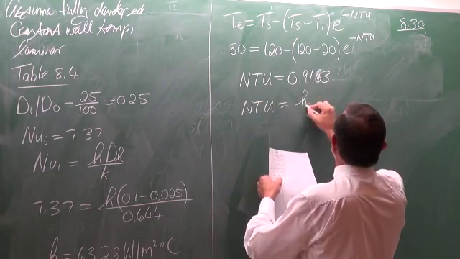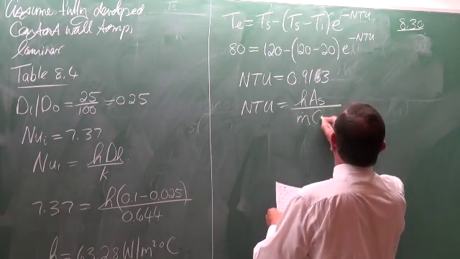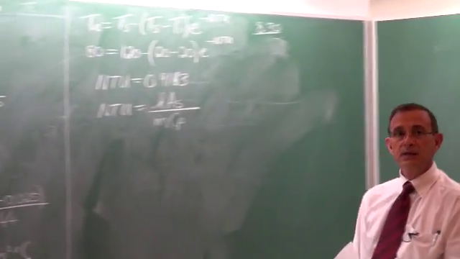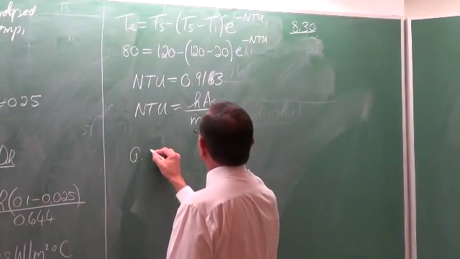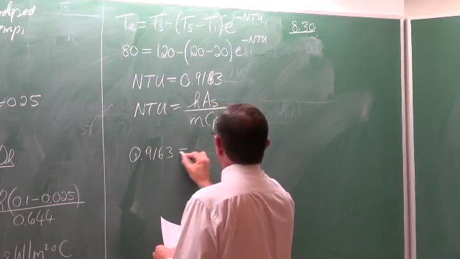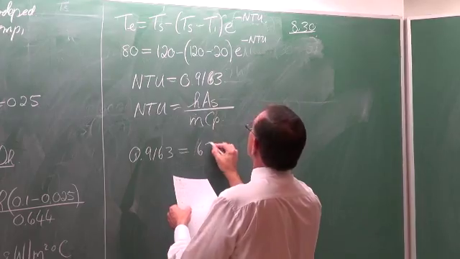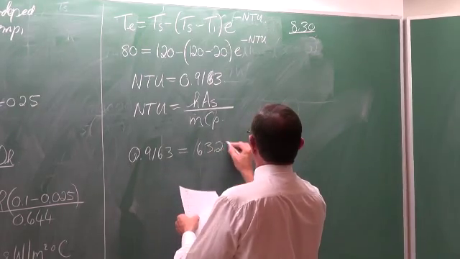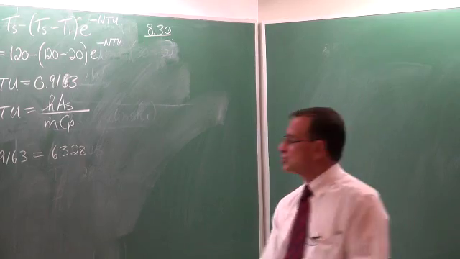Okay, so the NTUs is equal to the heat transfer coefficient multiplied by the surface area divided by the mass flow rate multiplied by Cp. The NTUs has been given as 0.9163. It's equal to the heat transfer coefficient, 63.28, multiplied by the surface area.